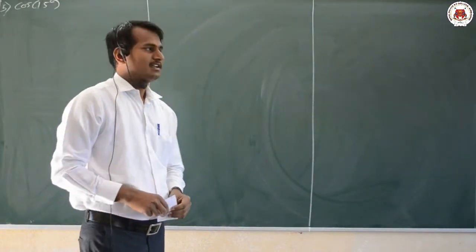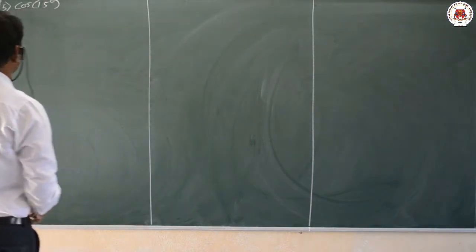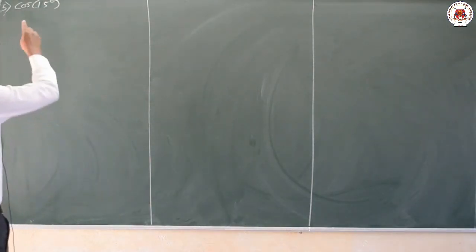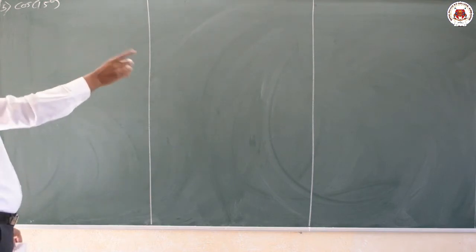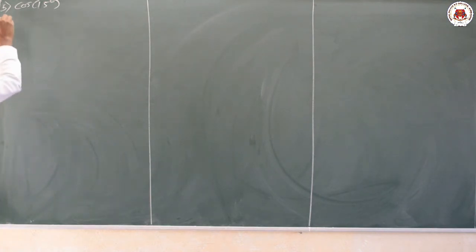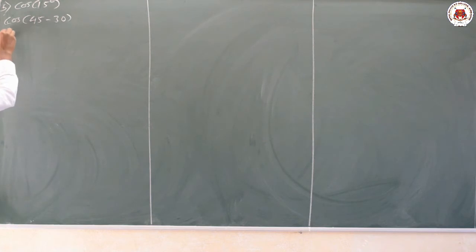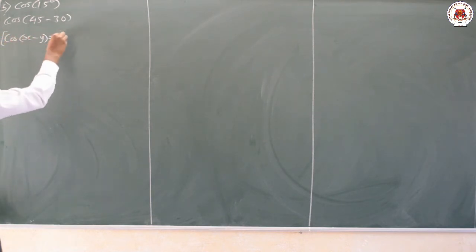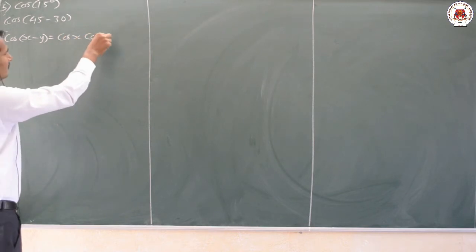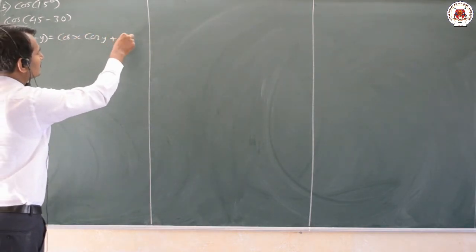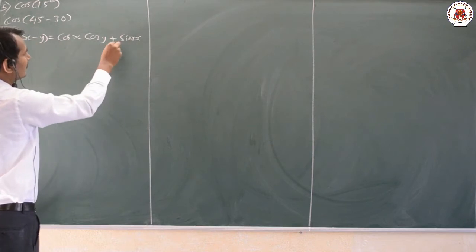Okay dear students, now let us move on to the next example. The next example is very simple, that is cos 15, same as you did in the previous problem. That is nothing but cos of 45 minus 30 degrees. So now here I will make use of the cos of x minus y formula. Cos of x minus y is equal to cos x cos y plus sin x into sin y.